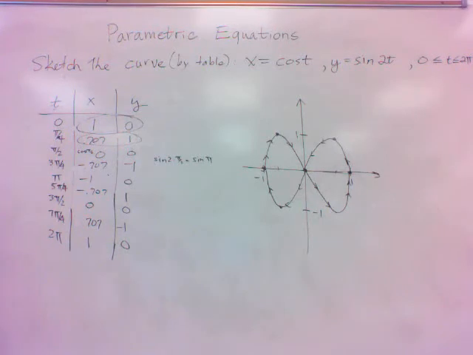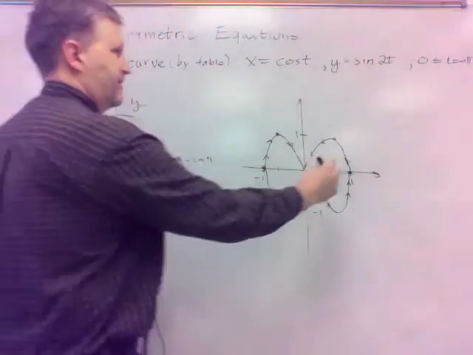Now, like I said, good to know how these things work. We're choosing t's that give us the x's and y's. Now, what will be very helpful will be our graphing calculator tool right here. There is a parametric mode on the graphing calculator.